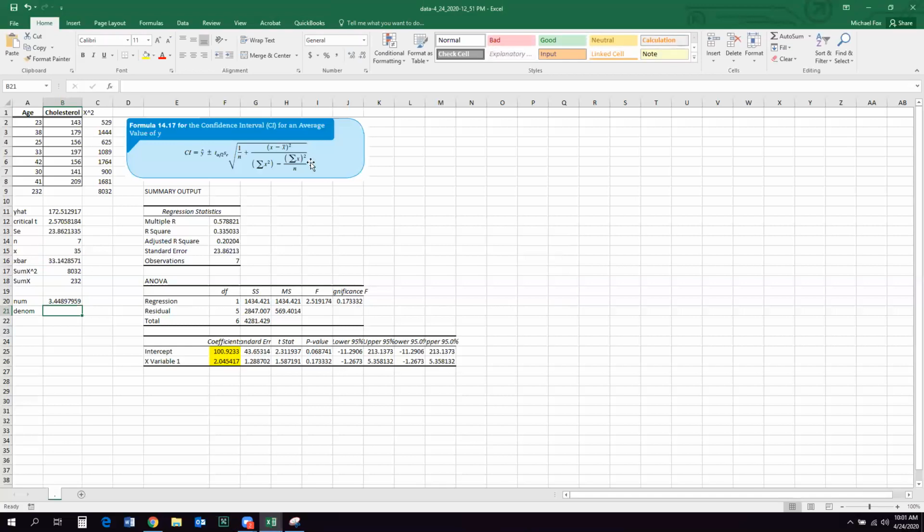And then my denominator, this looks crazy, but it's not as hard as it looks, is just the sum of x squared. Whoops, I have to do an equal sign first. Sum of x squared minus the sum of x squared over n.